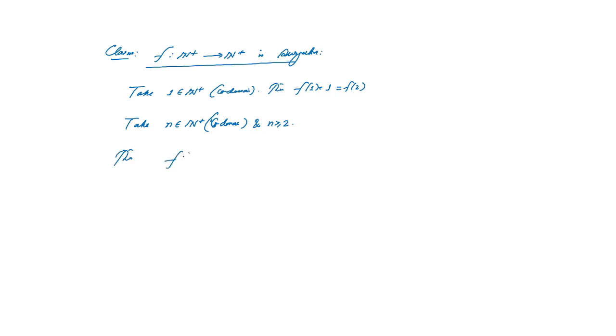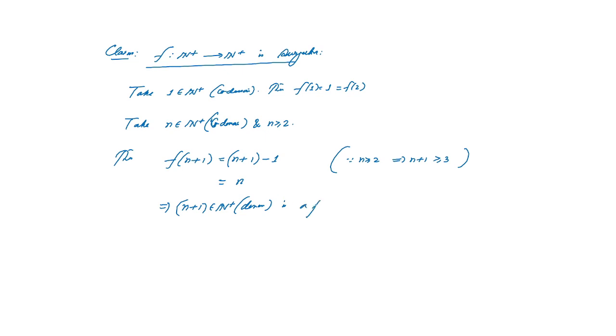Then this is our observation, f of n plus 1 will be n plus 1 minus 1. Since n is greater than or equal to 2, that implies n plus 1 is greater than or equal to 3. So by the definition of mapping, we can write this will be n. So that means n plus 1, this belongs to N plus, the domain, is a preimage of n, and n greater than or equal to 2 belongs to N plus, the codomain.